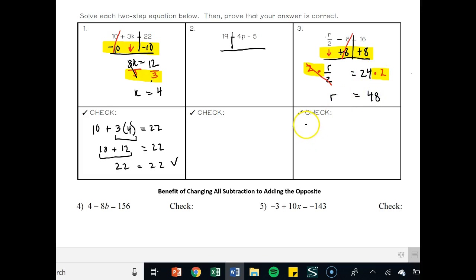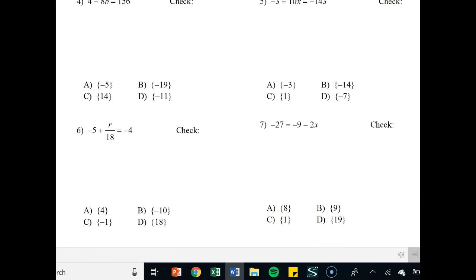It becomes 48 over 2 instead of R over 2. So 48 was our solution, minus 8 is equal to 16. 48 over 2 comes first. That's 24 minus 8 equals 16, and 24 minus 8 is 16, equals 16. All right. We will talk about some of the rest of these together as a class.